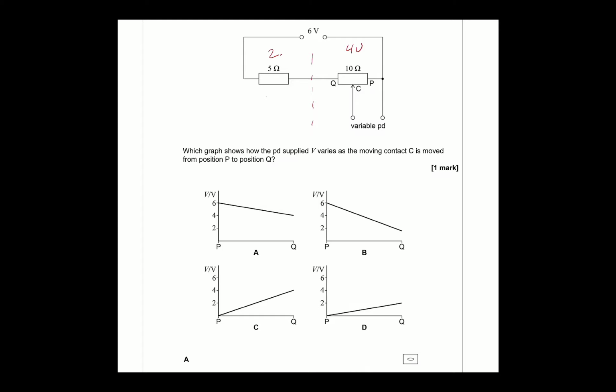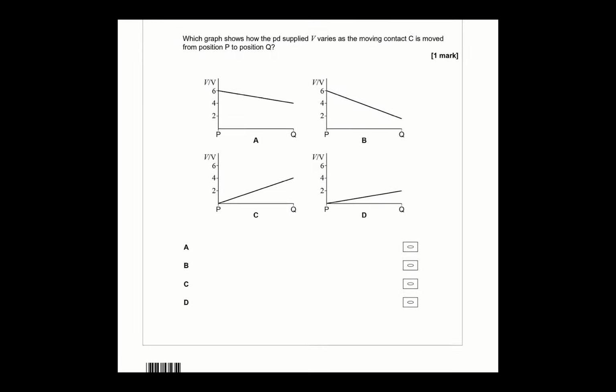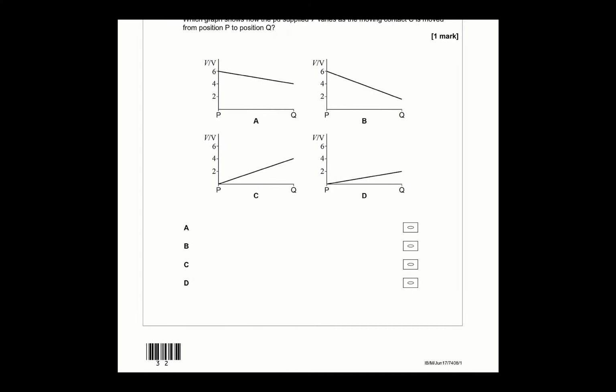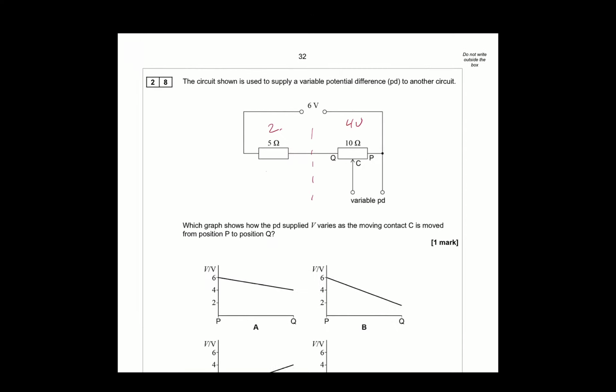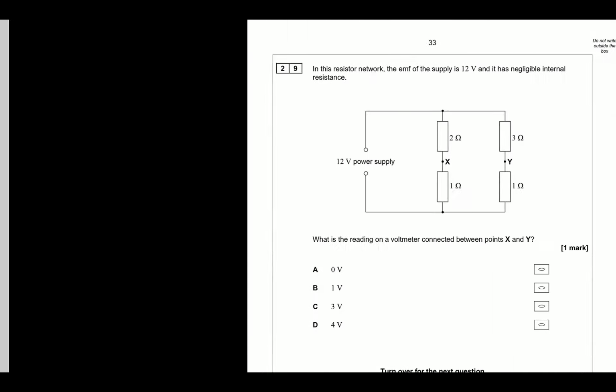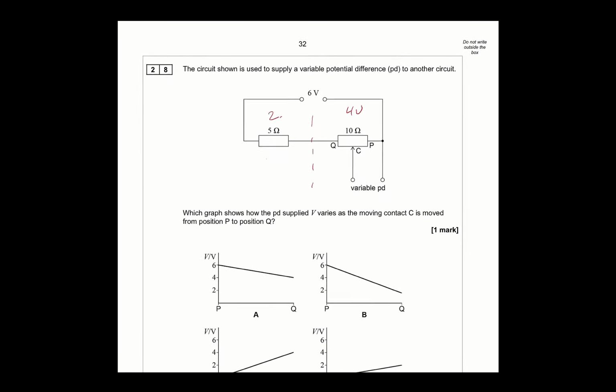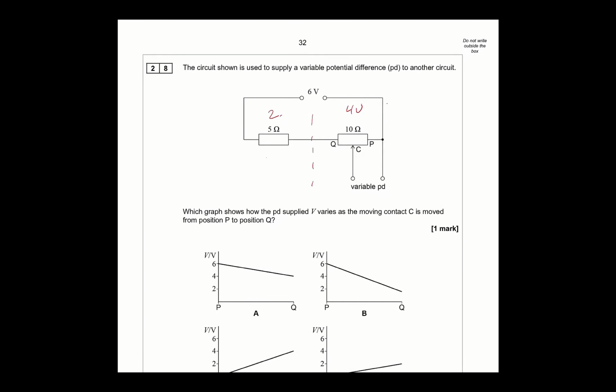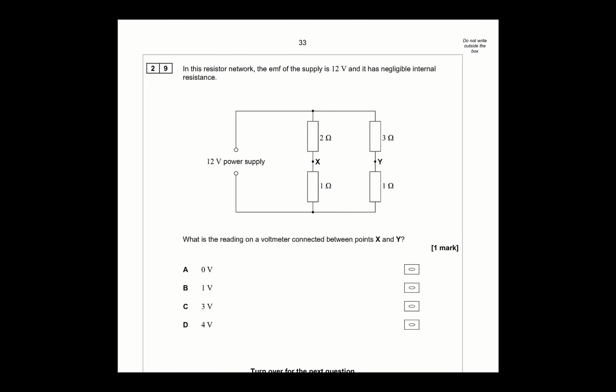So it's got to be C. We go from 0 to 4 volts max. Yes, okay. The potential divider equation is how I get 2 and 4, but I just kind of did it in my head.